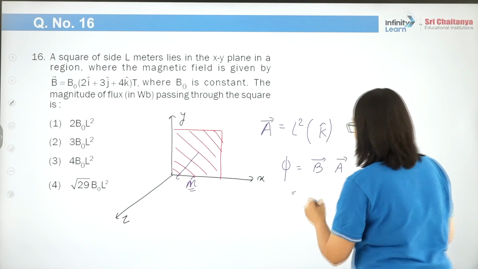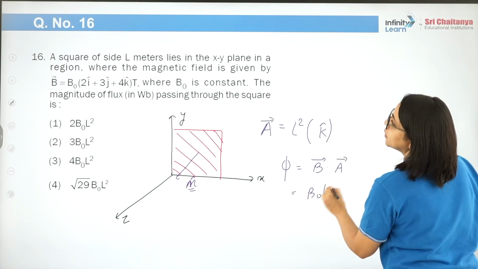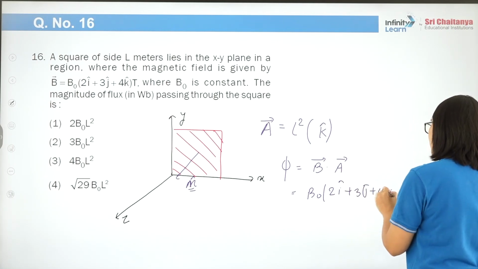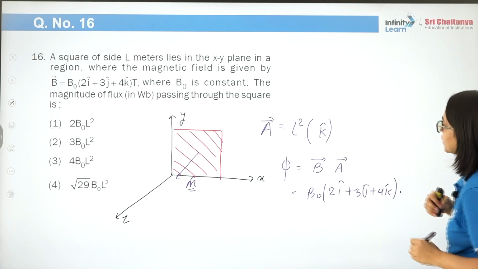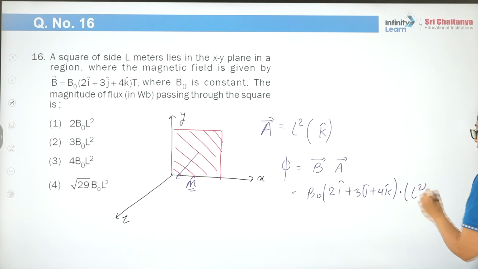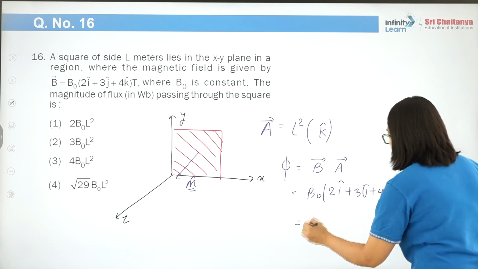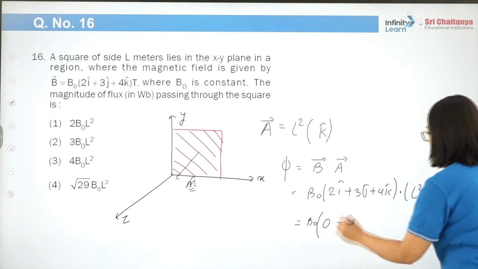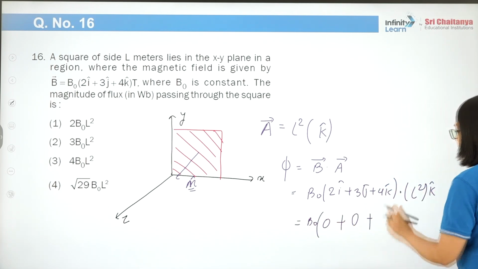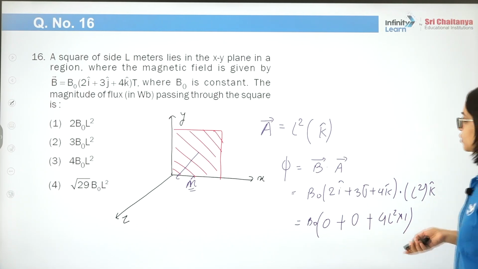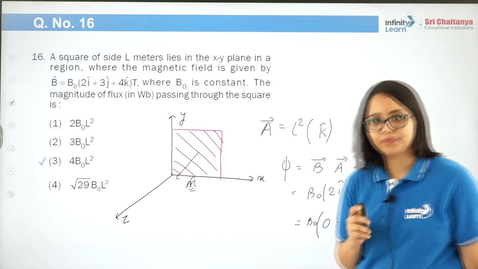B vector is B naught (2i cap plus 3j cap plus 4k cap), dot A vector, which is L square k cap. So i dot k is 0, j dot k is 0, plus 4L square, k dot k is 1. So this will be 4L square B naught. So the total flux is option 3.